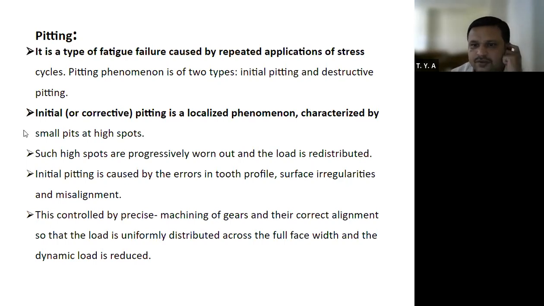Initial or corrective pitting is a localized phenomenon characterized by small pits at high spots.